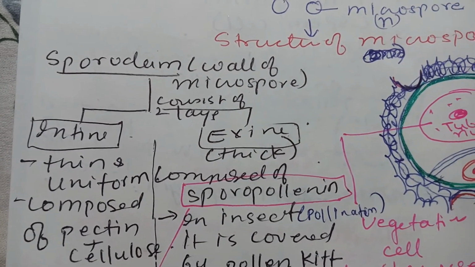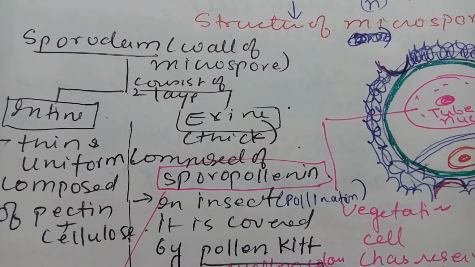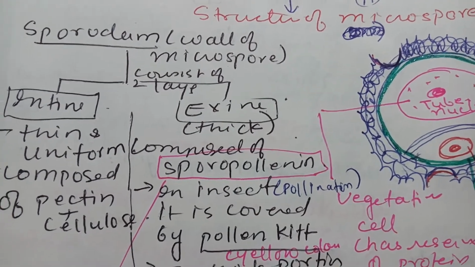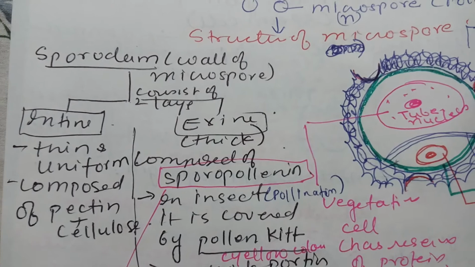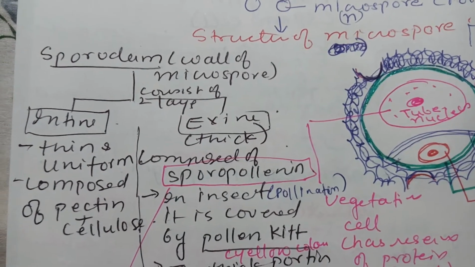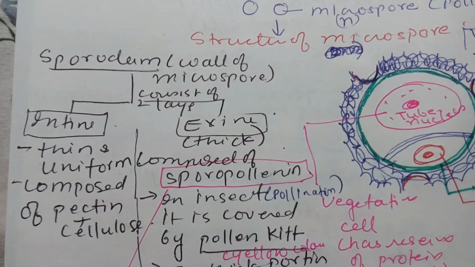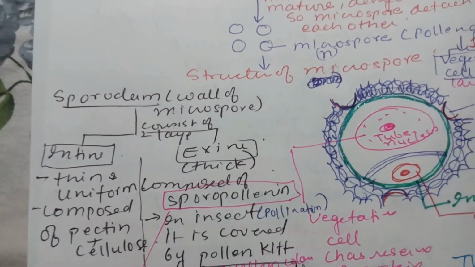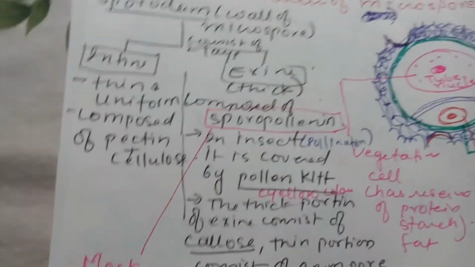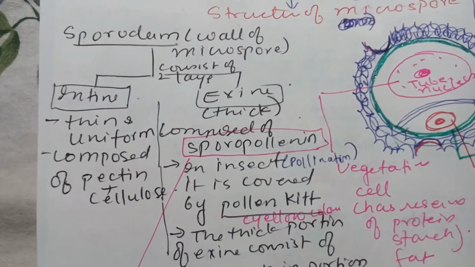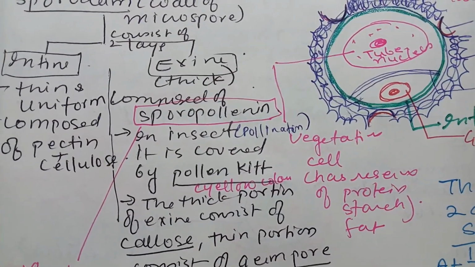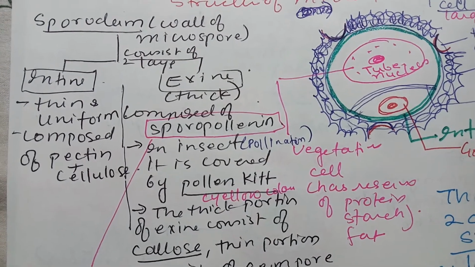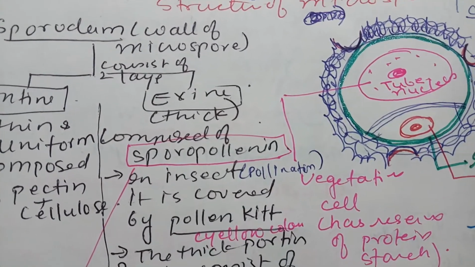It is because at some areas it is thick because of the deposition of callose, and at some areas it is thin and forms the germ pore. In composition, the intine is made up of pectin plus cellulose, whereas the exine is made up of the most resistant material in this universe, called sporopollenin.